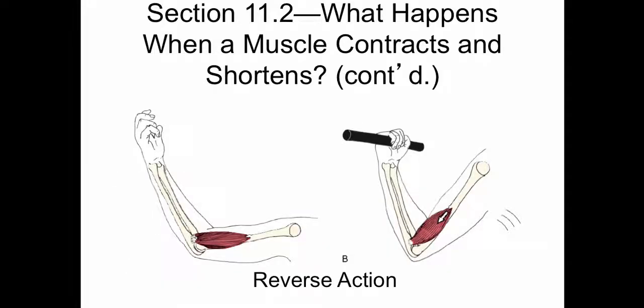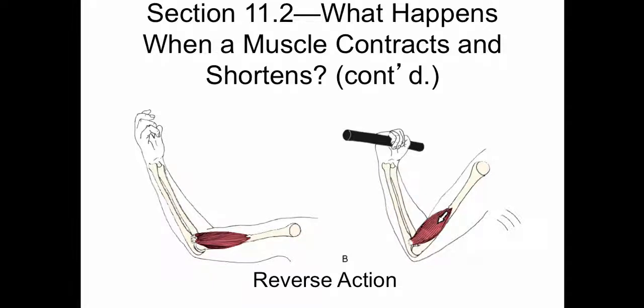An action is considered a reverse action if the attachment that is usually fixed is mobile and the attachment that is usually mobile is fixed. The illustrations on this slide show an example of a reverse action. The muscle shown here is the right brachialis muscle. In the illustration on the left, the right brachialis muscle is shown at rest.